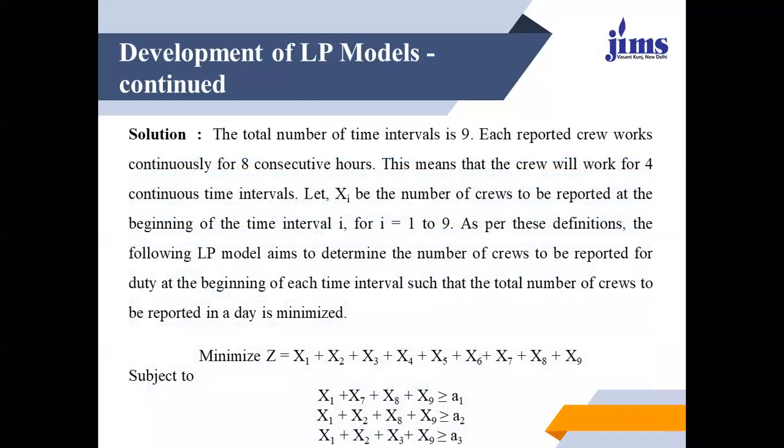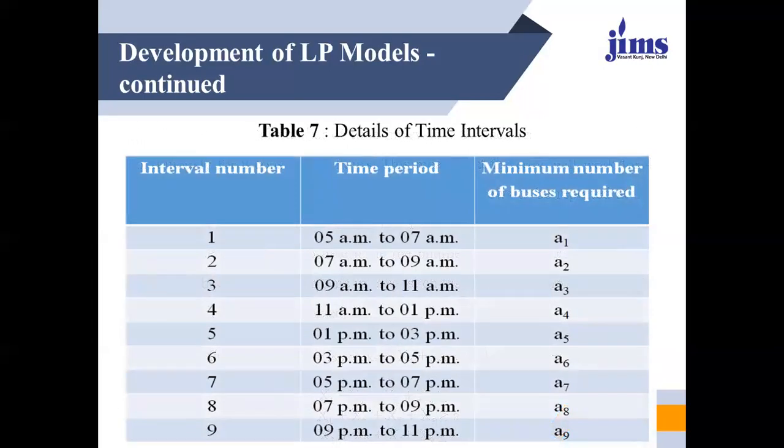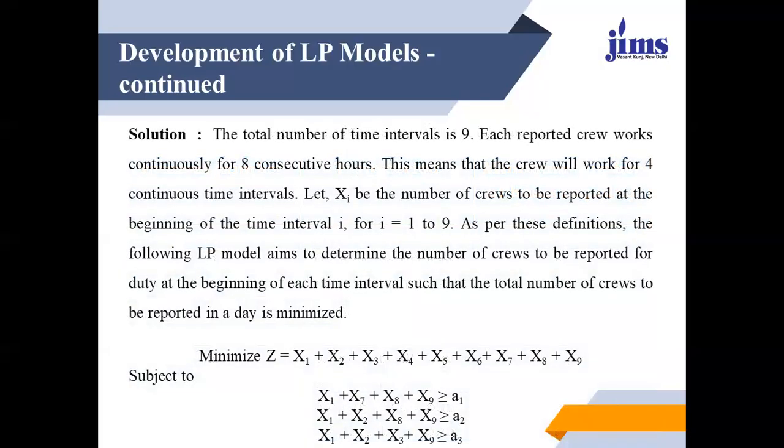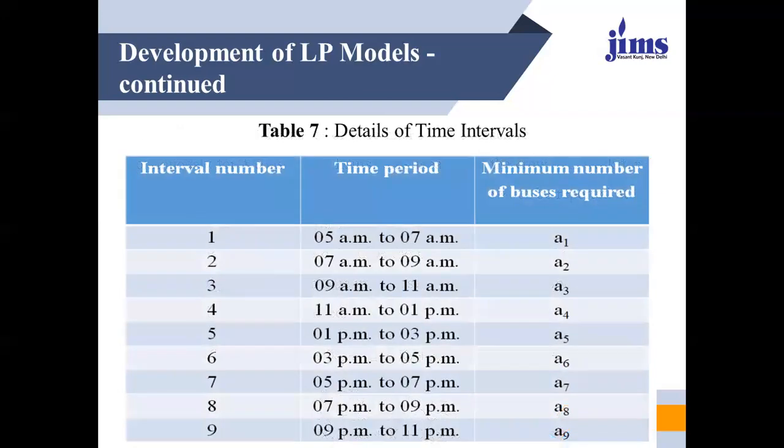So we say the total intervals in the above problem are 1, 2, 3, 4, 5, 6, 7, 8, 9. There are 9 time intervals. And each crew which reports for duty works for 8 consecutive hours. It means the crew which arrives here will work for 1, 2, 3, 4 time intervals.